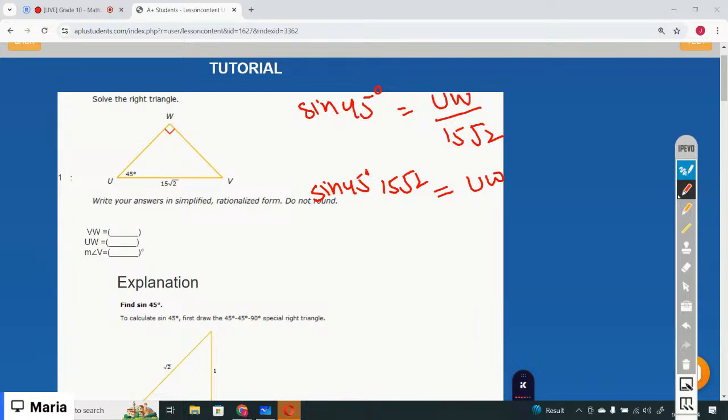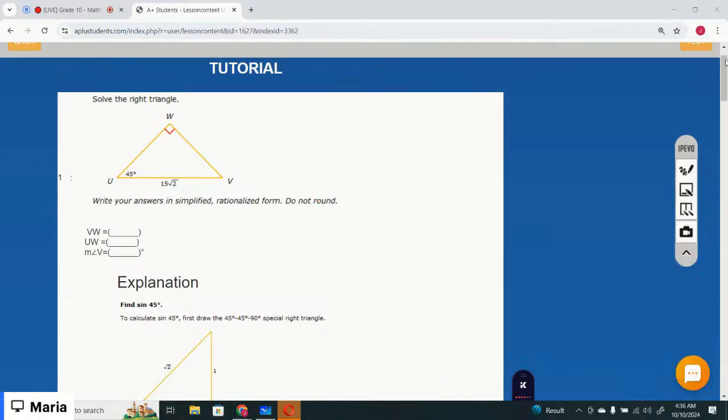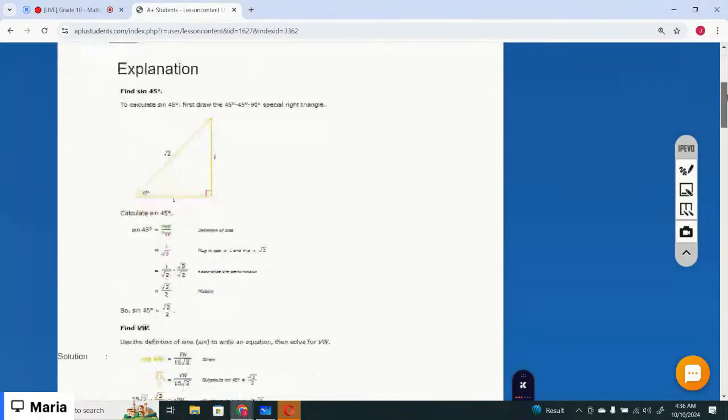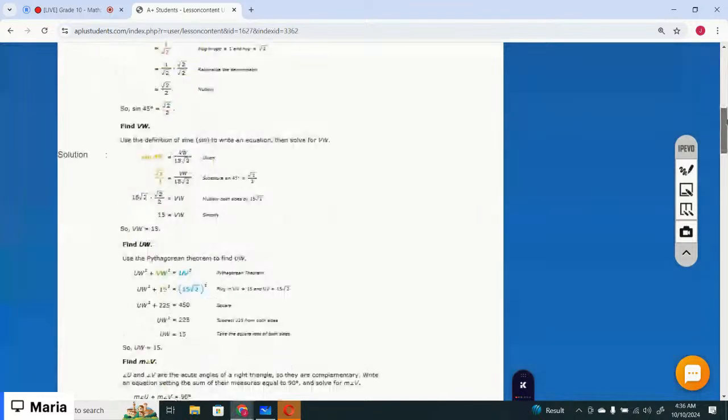Sine 45 is 0.707, right? And you need to multiply it by 15 square root 2.